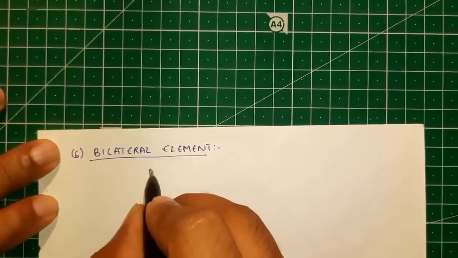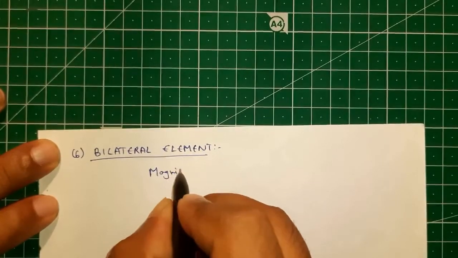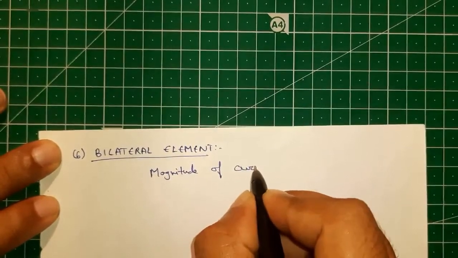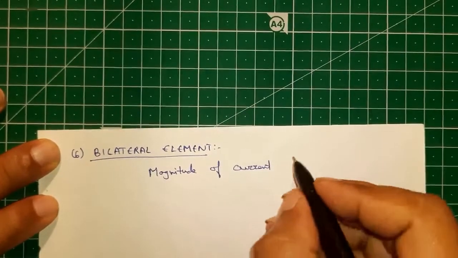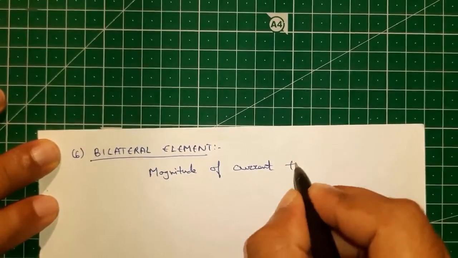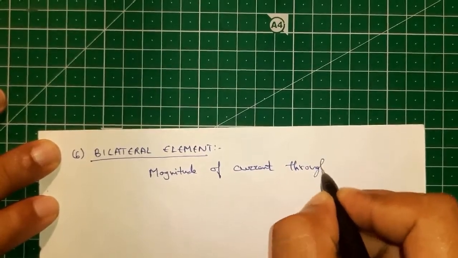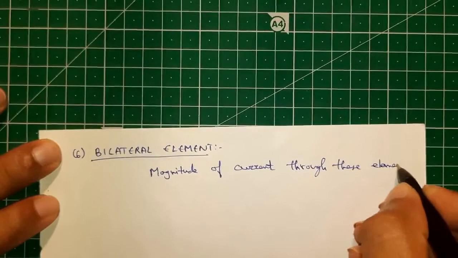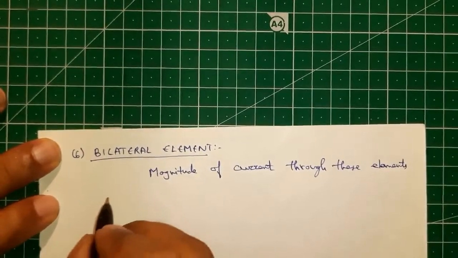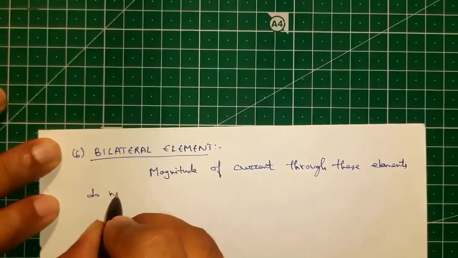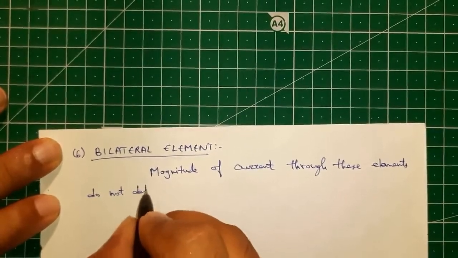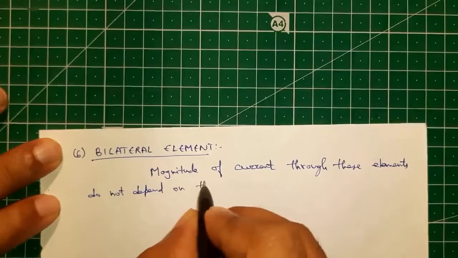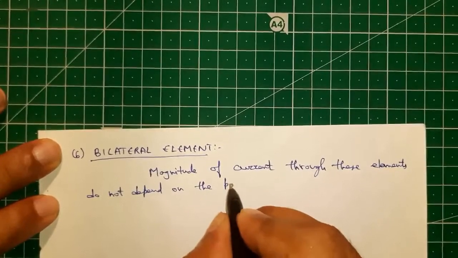The magnitude of current through these elements does not depend on the polarity of the applied voltage.